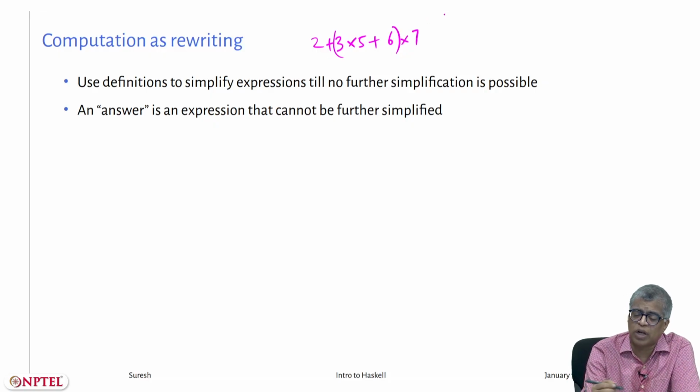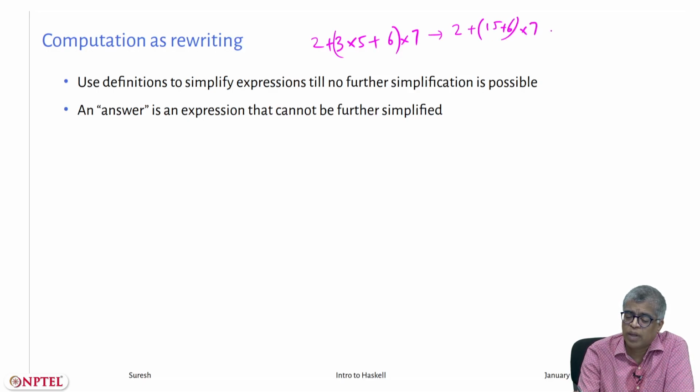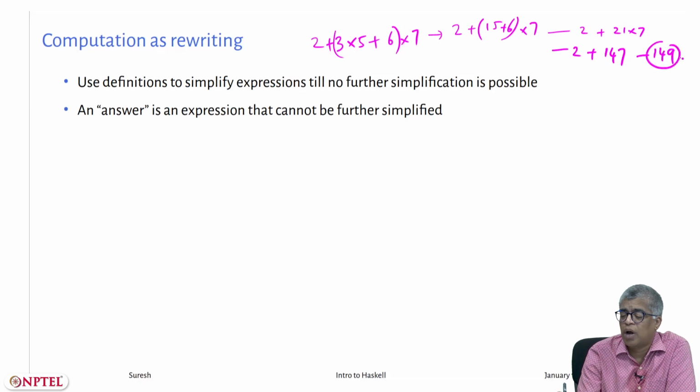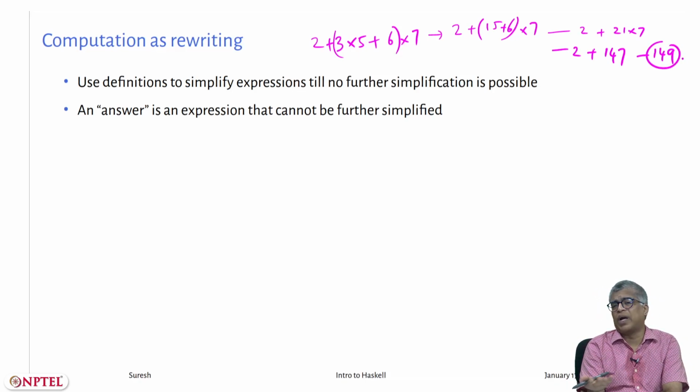You keep simplifying it till you cannot simplify it any further. 3 times 5 has to be simplified first, so you go to 2 plus 15 plus 6 into 7, and then 15 plus 6 has to be simplified next. 2 plus 21 times 7, and whatever the value of 21 times 7, 2 plus 147, and then that becomes 149. And 149 is in the simplest possible form you can have. There is no operator or anything there that needs to be simplified. At this point you stop.